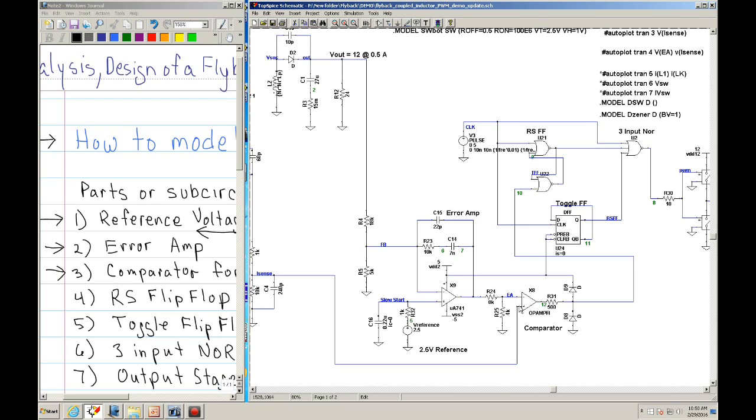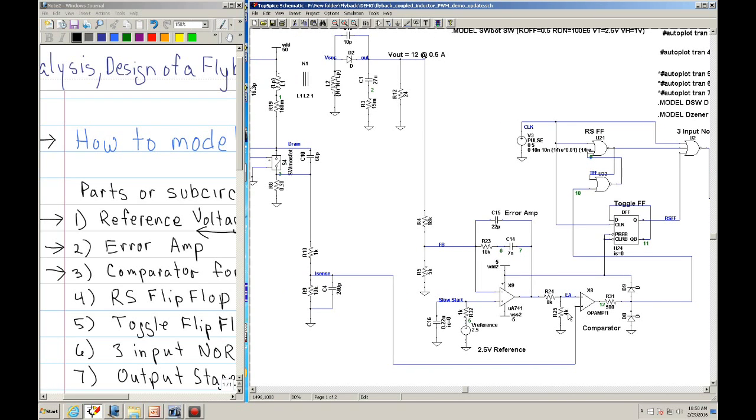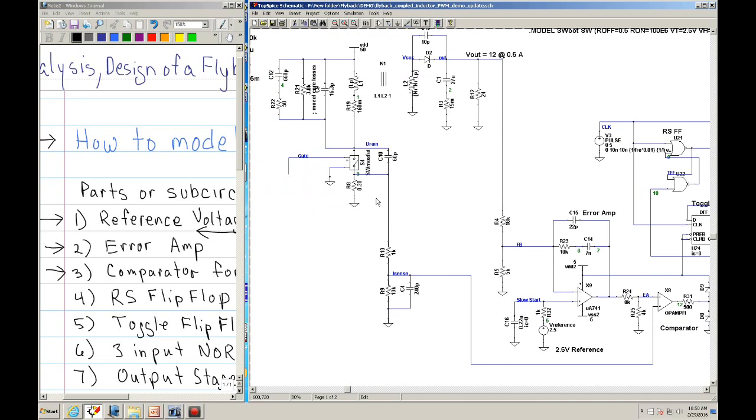In the meantime, the non-inverting input, if you look in here, is labeled iSense. iSense is the current from your MOSFET.